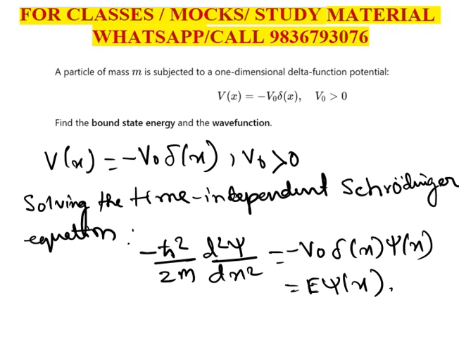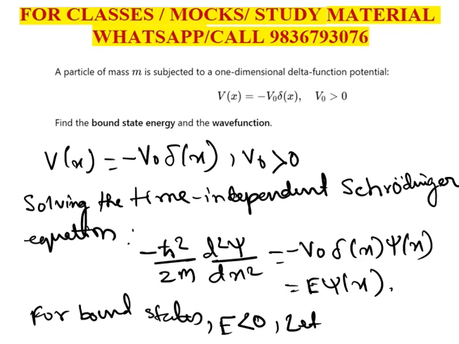So for bound states, we have E less than or equal to 0. We let E equal to minus h cut square k square by 2m, right?